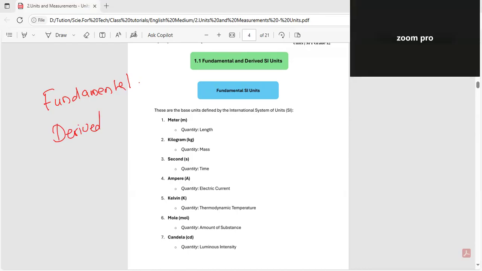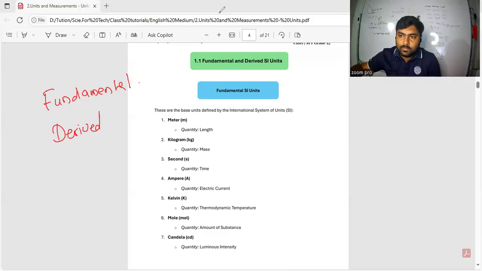So, can someone tell me what is meant by derived? Do you have any idea?